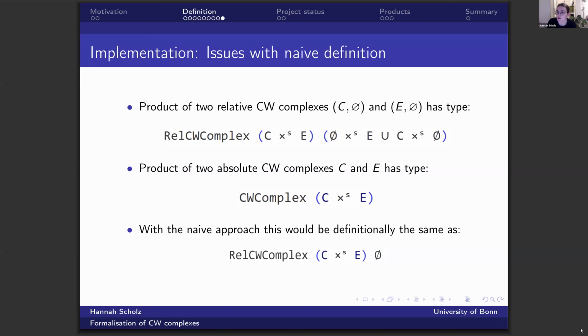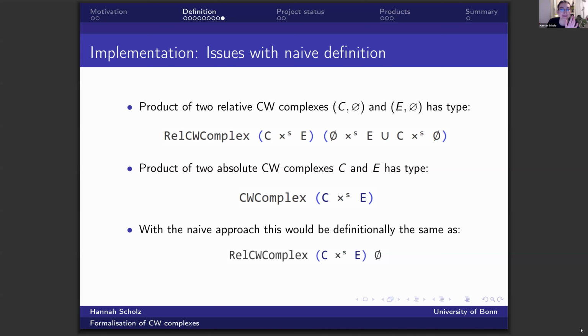And then you need to go out yourself and find this instance, because you can't even tell type class inference to look for an instance that has the base definitionally equal to the empty set, because it's an outParam. You just can't specify that anymore. So then it would find the other instance, and things wouldn't compile. It wasn't the convenience that I was looking for, right? So this is why we decided to make them not definitionally the same. So we have two different notions, and then we have an instance going in one direction, from absolute to relative CW complexes, and a definition going in the other direction to get rid of this issue.